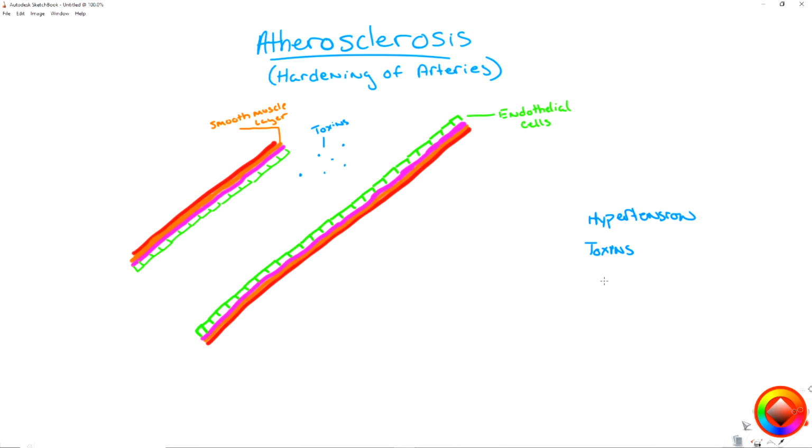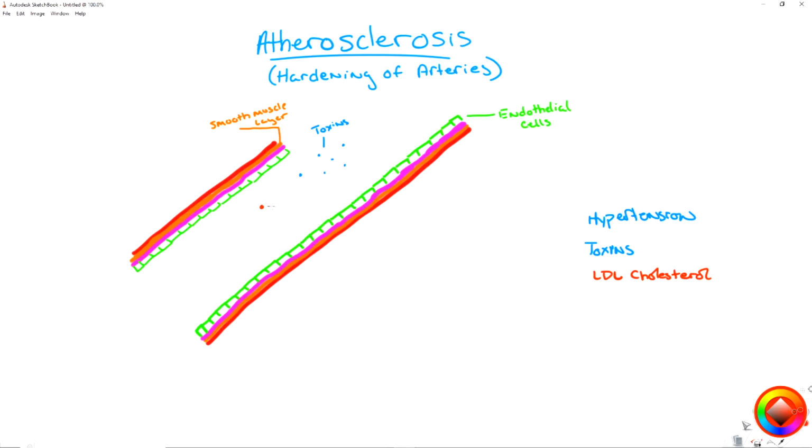Then the last irritant is cholesterol. It's specifically bad cholesterol, your LDL cholesterol, and that is what is going to create the hardening effect, and you guys will see this.